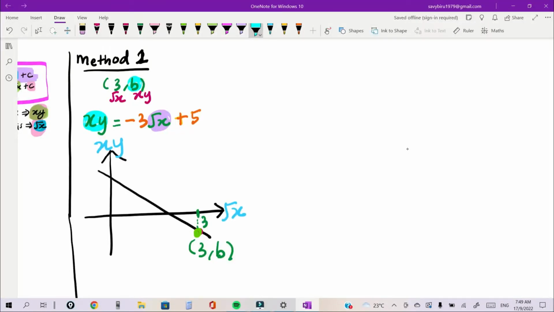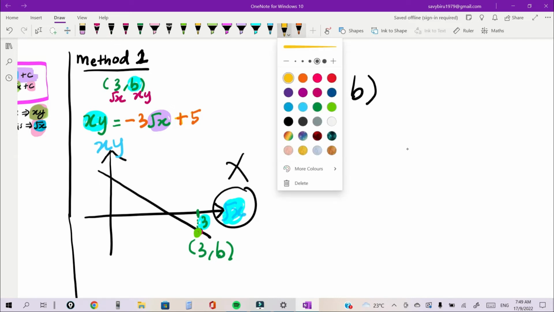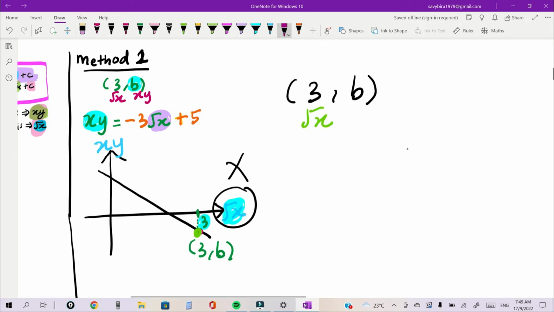Where 3 here is sec x value. Okay, 3 is sec x value. Your x axis right now is represented by the sec x term. And b is actually the point here, on the y axis there.